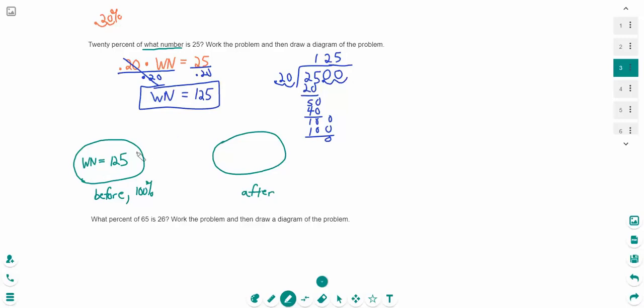Sometimes what might help with this, and I think they actually put this in the book, is look for the of. That's kind of helpful with these percentage problems. The percent is always going to be a percent of something. So it's that something that's the original amount. So look for the of, and what comes right after that is usually the number that's going to go into this bubble, the before bubble.